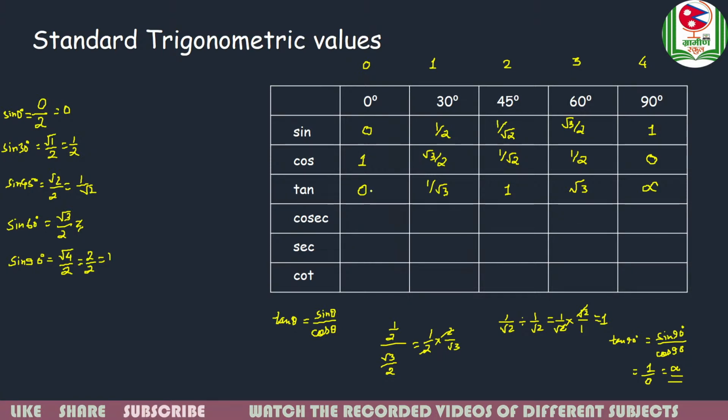And if you have the value of tan, then you can easily find out the value of cot. So I think if you have understood all these concepts, then you can easily find out the values for cosec, sec and cot. So I left this table for you to fill. You can do it yourself, and if you find anything difficult, then please inform us. Okay.